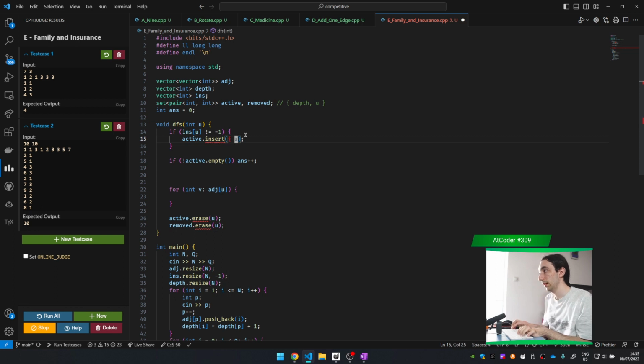And the active is like depth at u plus whatever we insert at u, and the node u. So if the insert is 0, then this depth is the same as u. So now when I erase it, I need to erase this.